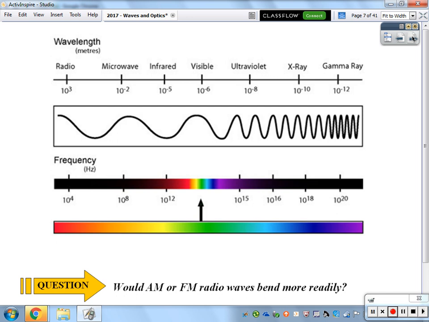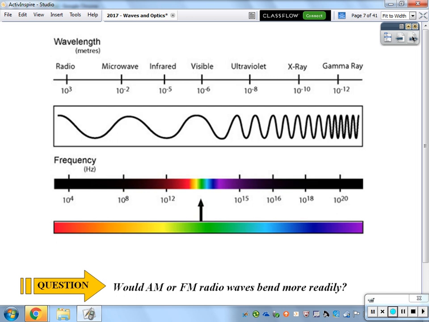But there's a benefit to FM, and there's a reason why most FM radio stations are music stations. Because the FM signal gives much better sound quality because you are modulating the frequency. What is music? We're talking about frequency, being able to have that clear sound. That's what FM is good at.